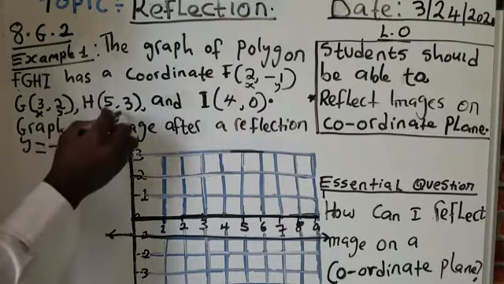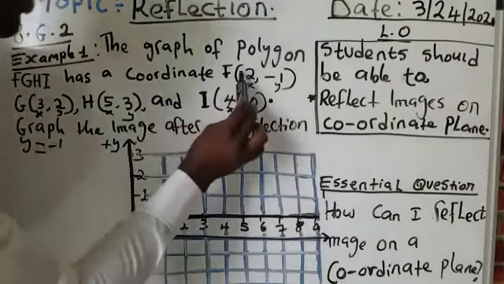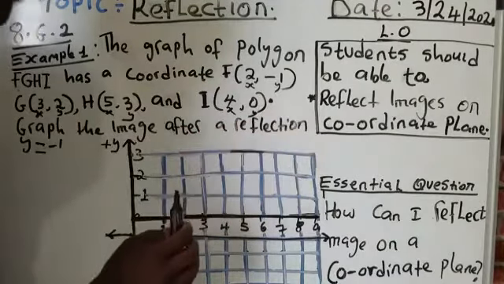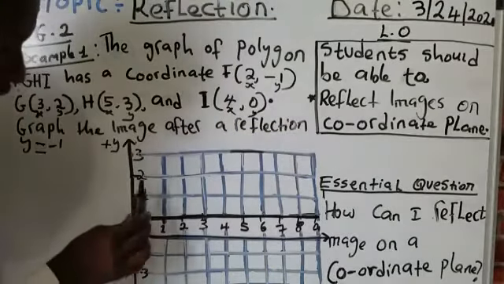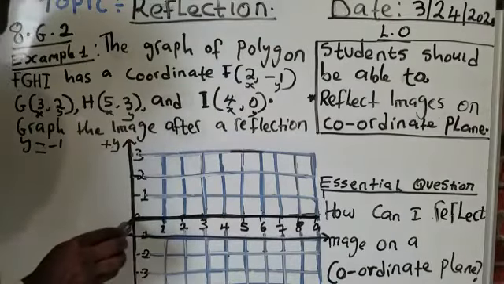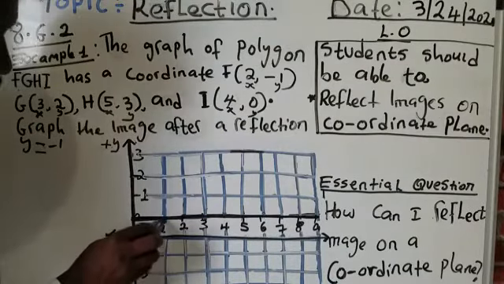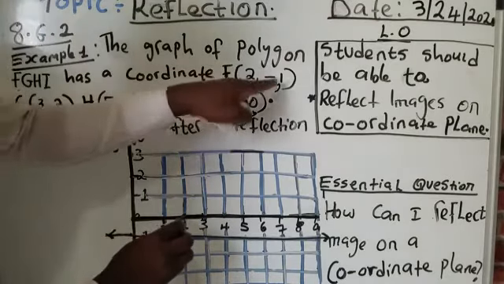So when x is 2, y is -1. Positive x is here, 1 and 2. Take note, x is 2, y is -1.